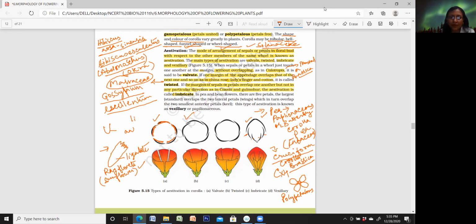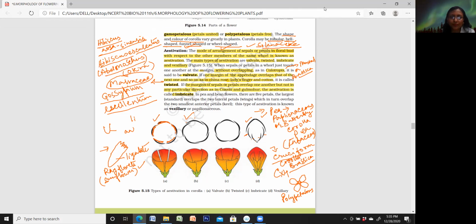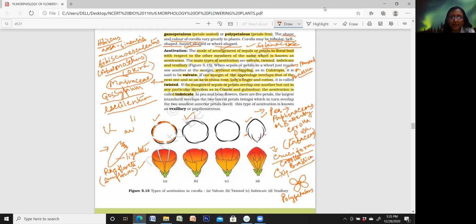If you look carefully, each petal, say this one is 1, one half is out and one half is in. This is 2, again half out, half in, 3, 4, 5. Each petal or sepal is half in and half out. So this is twisted.